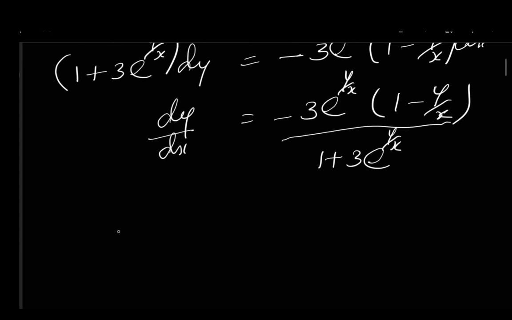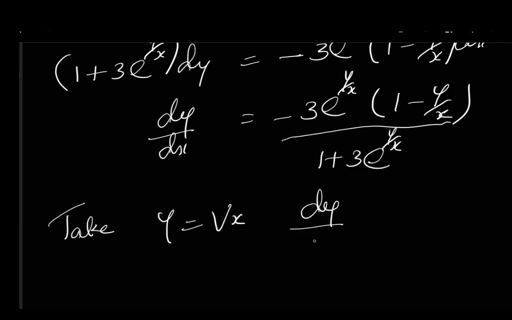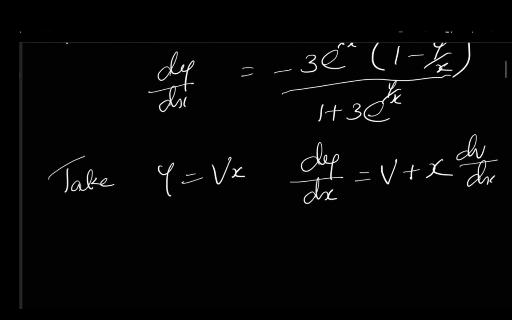So now let me make the substitution here. Take y equal to vx. So what about dy/dx? Differentiate y with respect to x using the UV method. Keep v constant, differentiate x, you will get 1. Keep x constant, differentiate v, so dv/dx.